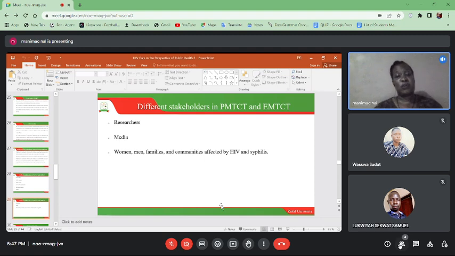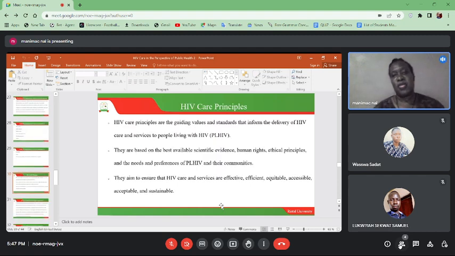So we need women as well, men, families, and communities that are affected by HIV and syphilis to also take part in this participation. Okay, so more to that, what could be the HIV care principle? Well, principles are guidelines. They act like values.